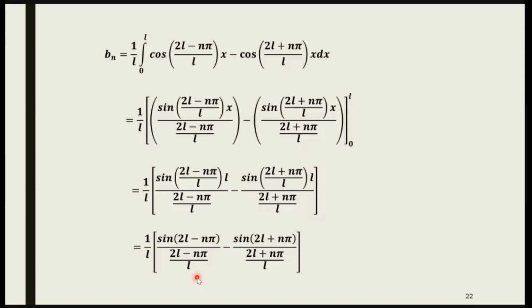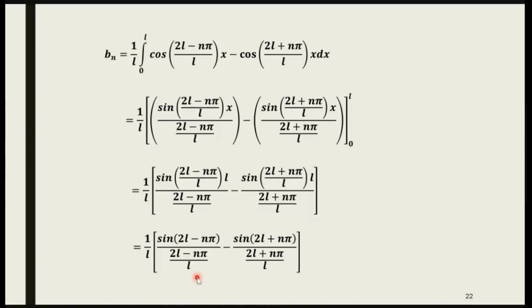Sine of 2L minus n pi. What is sine of 2L minus n pi? Open the bracket, use sine of a minus b or sine of a plus b, and just tell me the value of sine of 2L minus n pi. Sine n pi is 0, but we have to find 2L minus n pi.